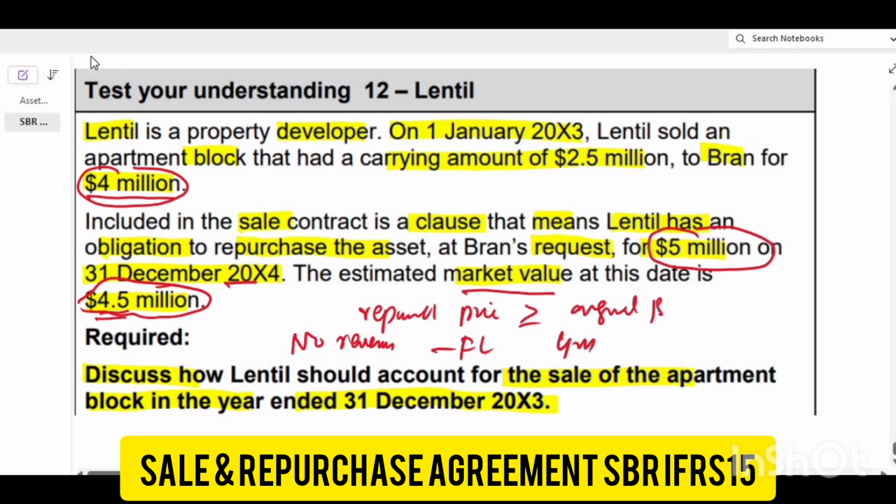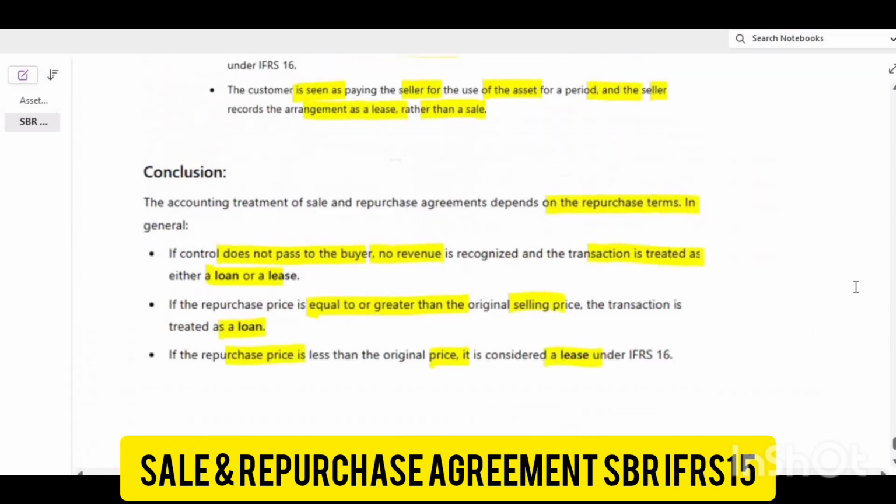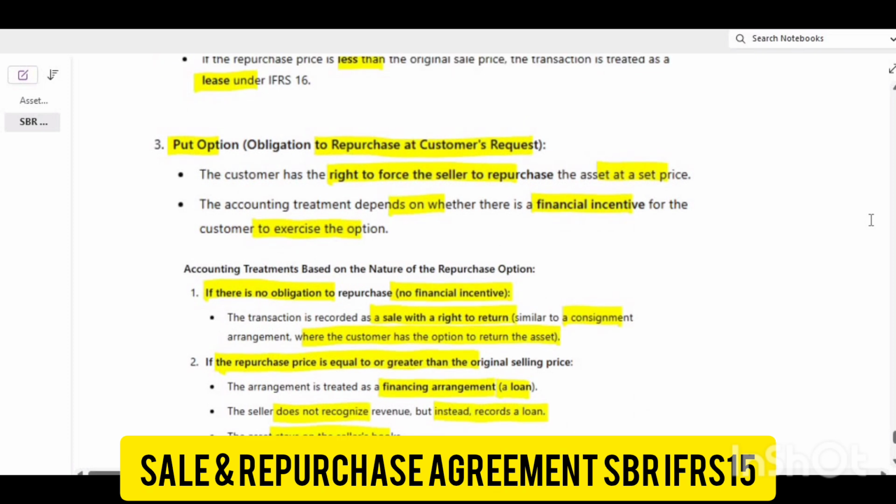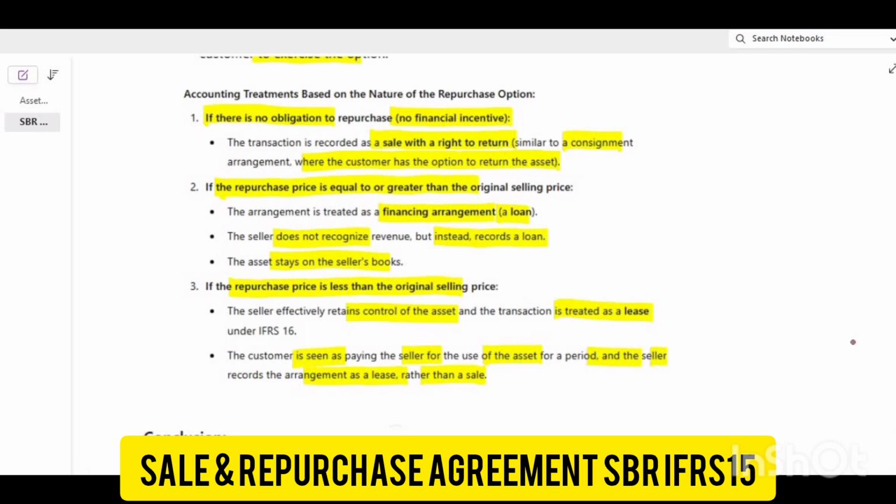Clear? We have studied this, so let me recall it to help you understand better. Here I told you the case is simple with Lentil. When you have an obligation to repurchase at the request of the customer, that was Brain, you will see whether the repurchase price is equal or greater, then you will treat it as a financing arrangement and consider it as a loan.